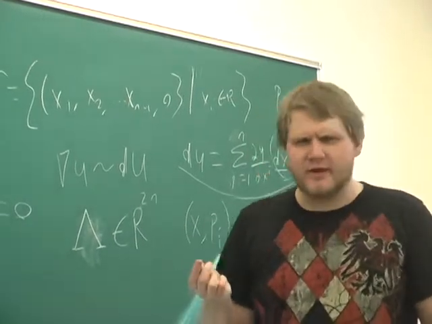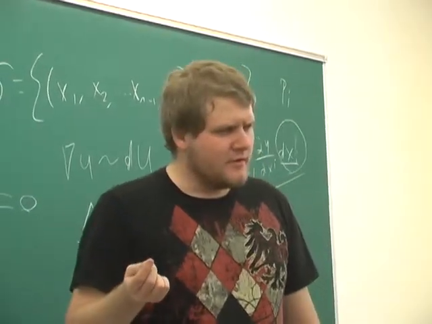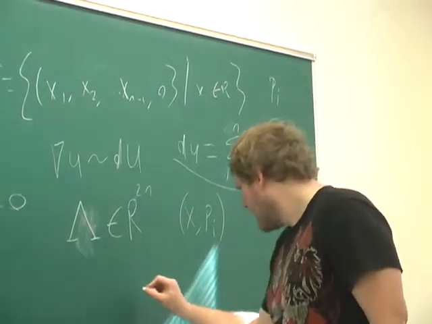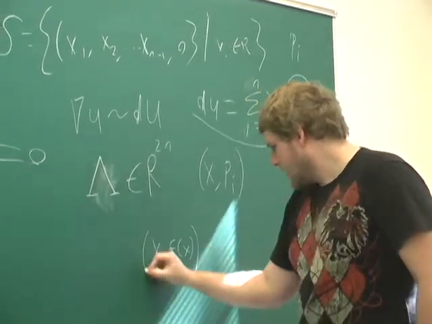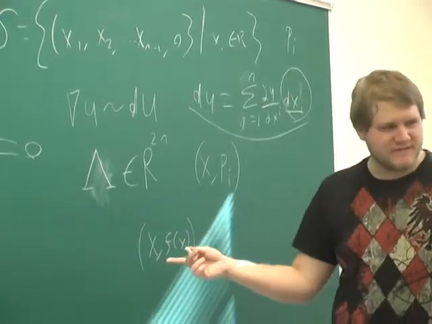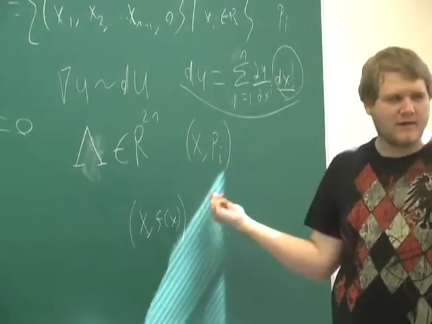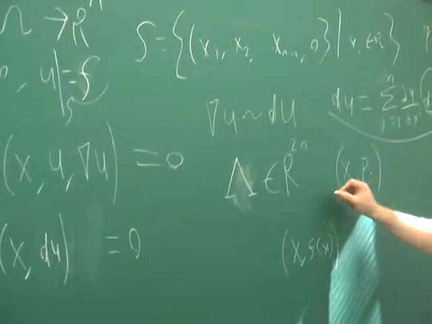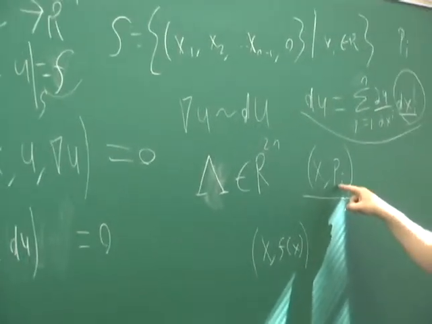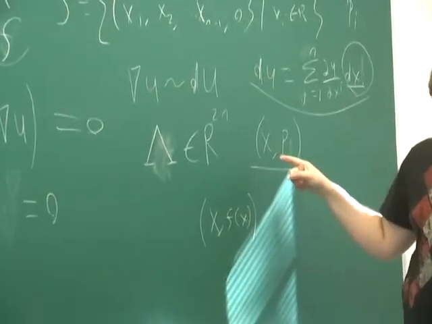And everyone knows what I mean by a graph of a function, right? You've seen the notation if I have x and f of x, and whatever dimensions these are in, you add them up, and this is a graph in that dimension. Everyone has seen this notation before? So it's the same thing. We're graphing the momenta with respect to the independent variables.